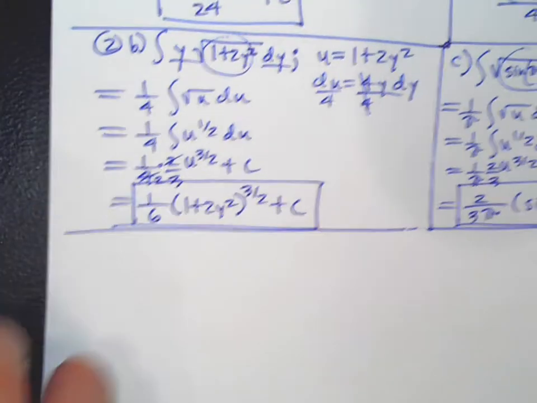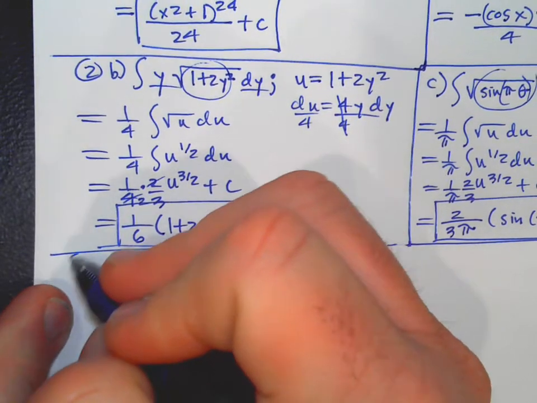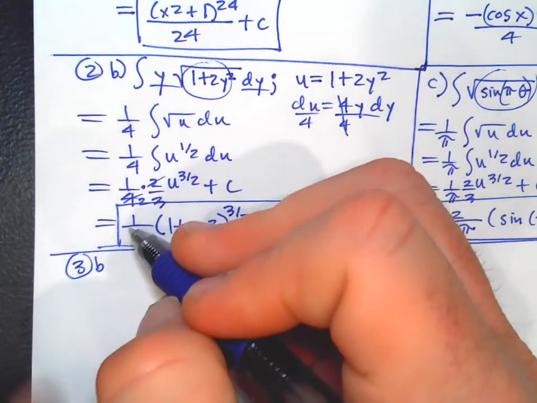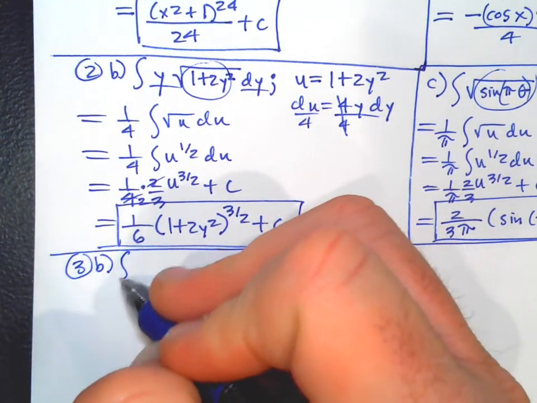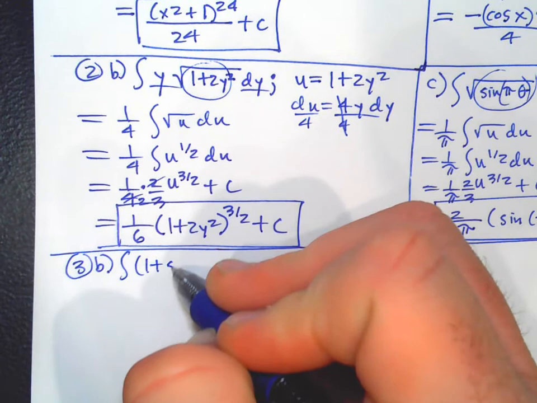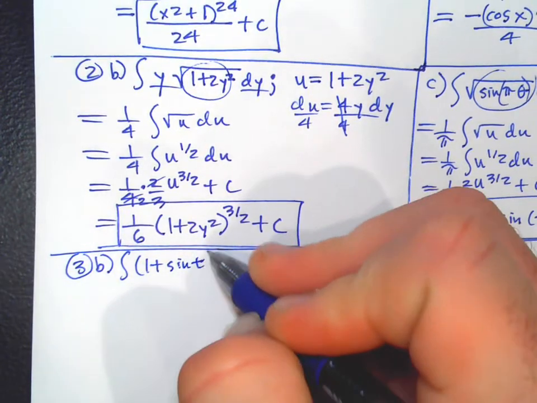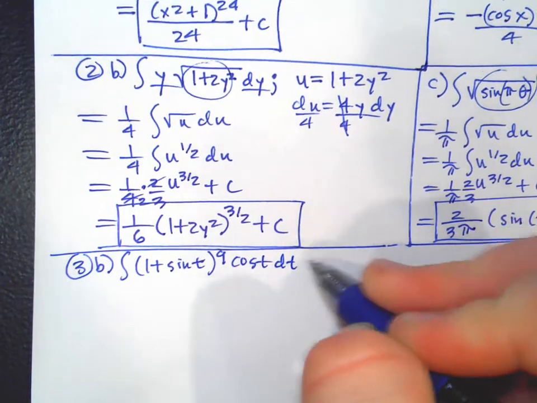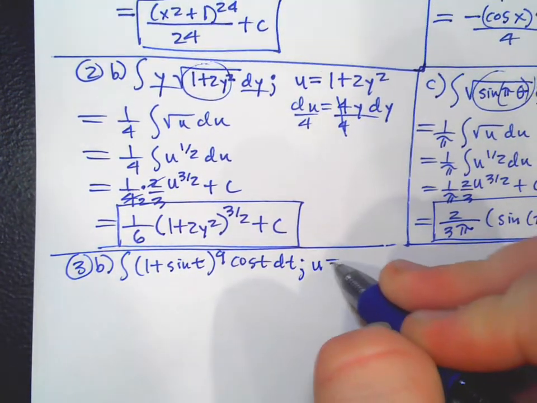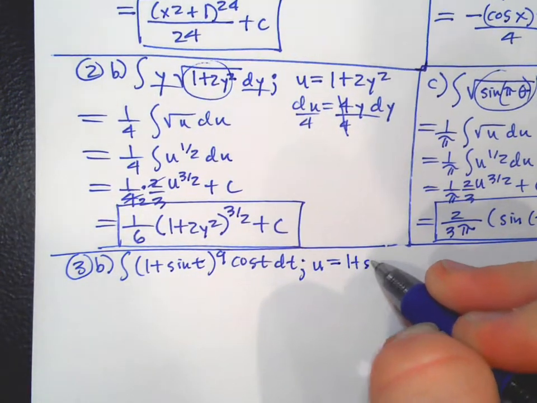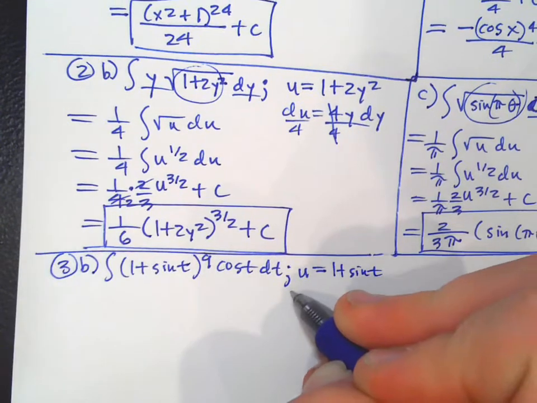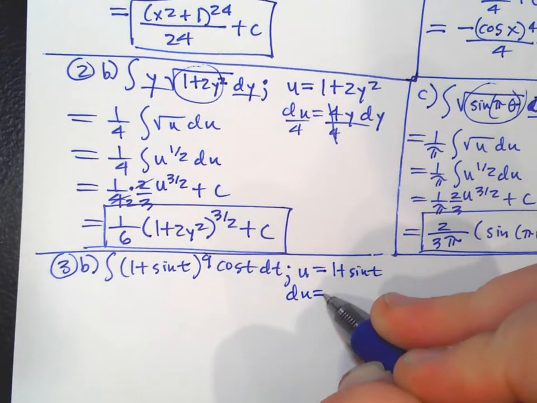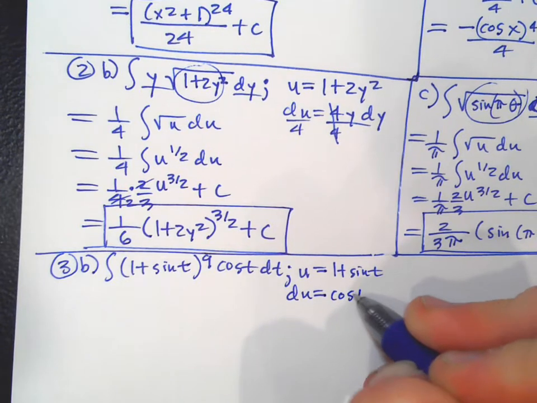All right, moving on to number 3, part B. It's the integral of (1 plus sine t) to the 9th power times cosine t dt. They're saying that u should be, no surprise, 1 plus sine t. du would be cosine t dt.